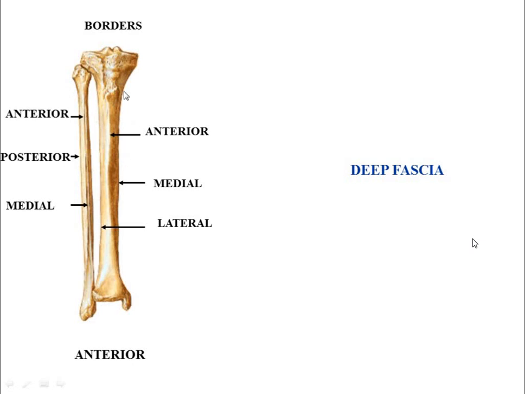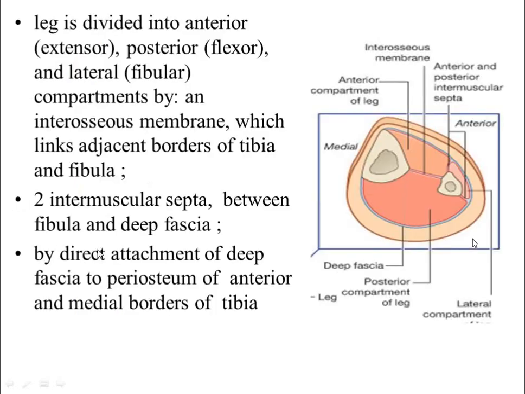So, the deep fascia of the leg is surrounding the leg all around, covering the muscles. Now, this deep fascia, which is surrounding the leg all around, deep to the superficial fascia, is sending in certain septa.